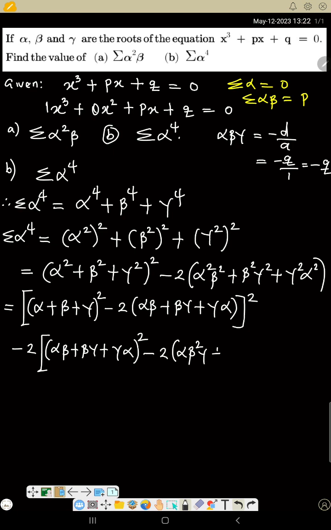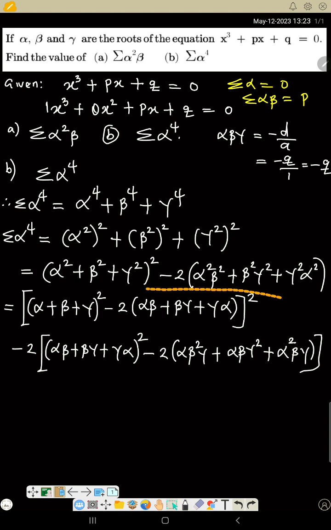Please study the identities, because this question is based on identities. So alpha beta gamma square plus alpha square beta gamma. So close it. So this one now is in the final state.